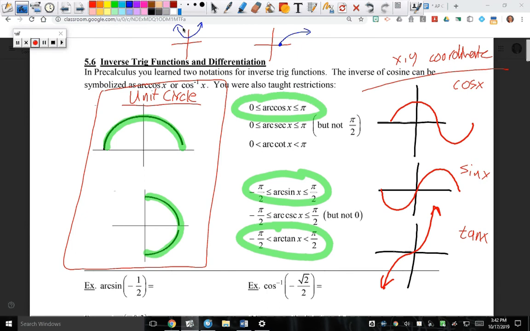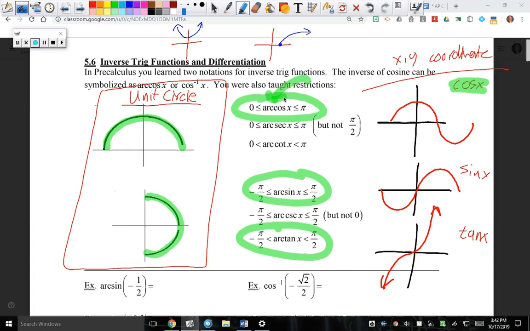So you with me? Where the original one that was given passes the horizontal line test will dictate where the inverse will pass the vertical line test, and vice versa. So on these over here, I'm trying to see where would the range exist on the inverse of cosine.